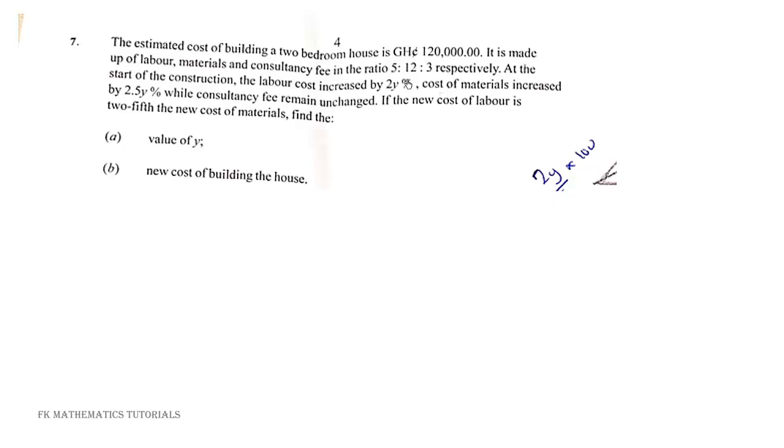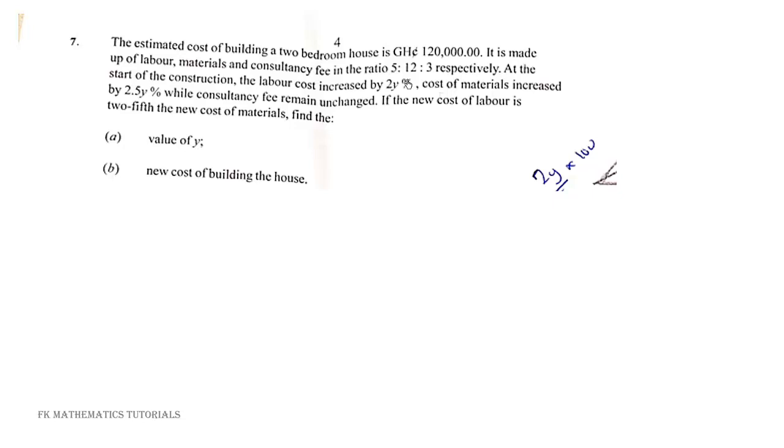Cost of materials increased by 2.5y%, while consultancy fee remain unchanged. If the new cost of labor is to fit the new cost of material, find the value of y.